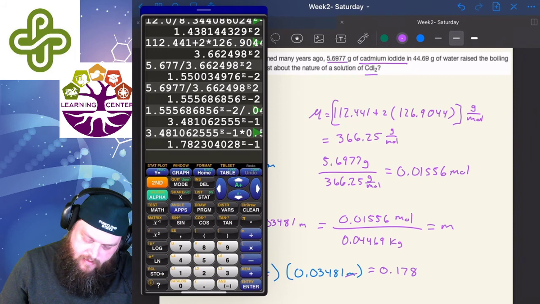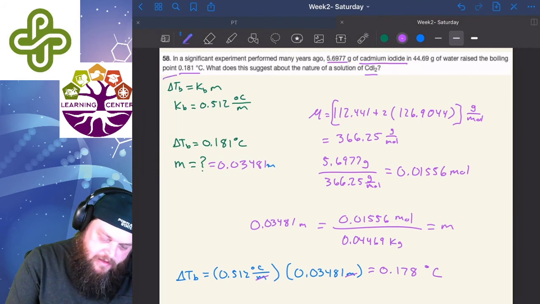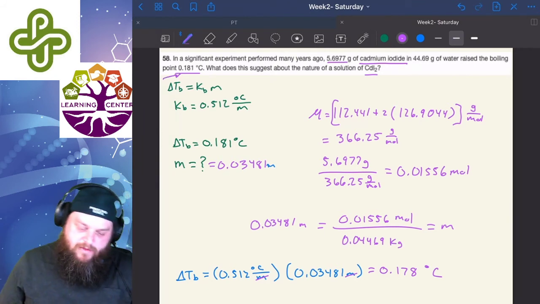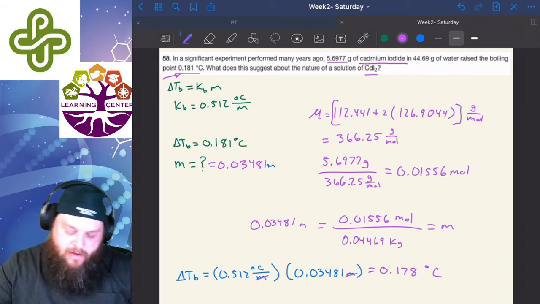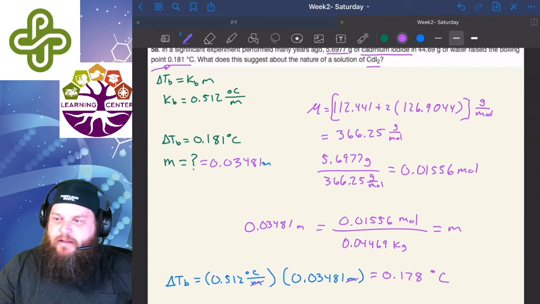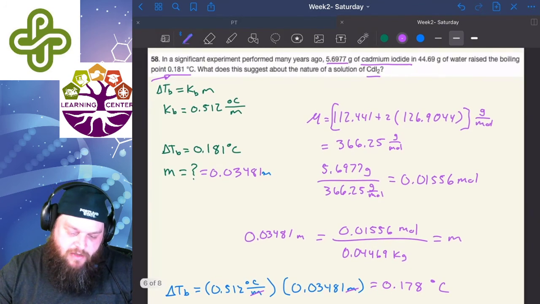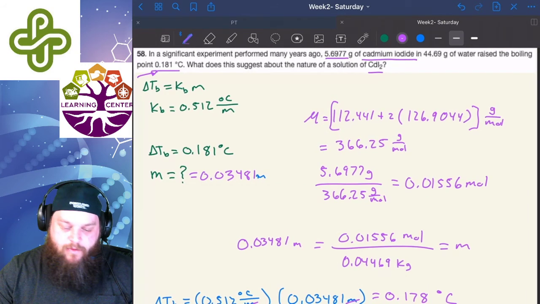That's going to be equal to 0.178 degrees Celsius. So they claimed, based on experimentation, that they raised the boiling point by 0.181 degrees Celsius. That's larger, just slightly, than what we're getting in an ideal situation, which means that this solution is not what we would consider ideal behavior for a solution.